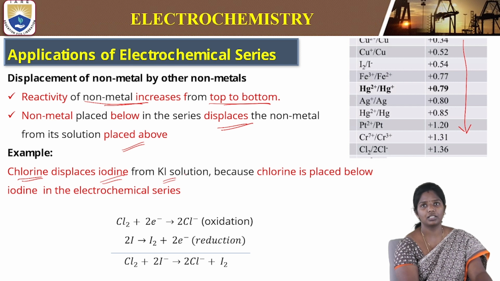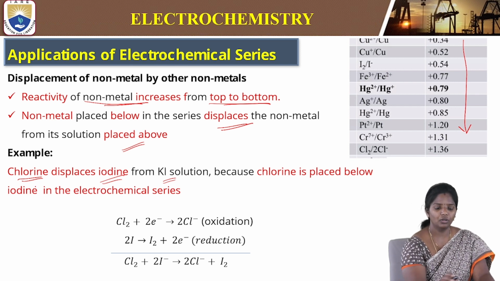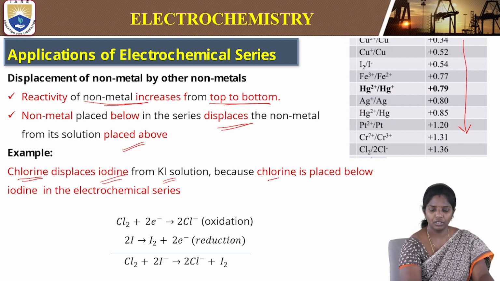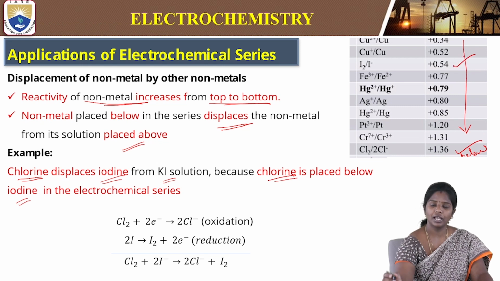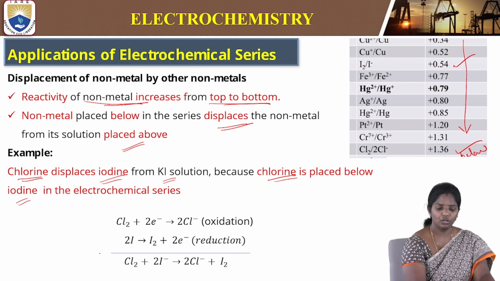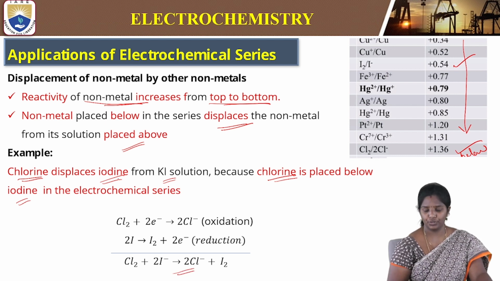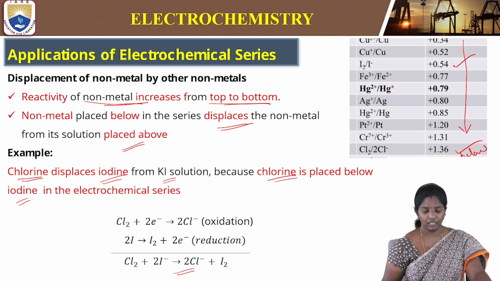Chlorine is placed below iodine, and iodine is above it in the series, so chlorine will displace the iodine in the KI solution. This is another example for non-metals.